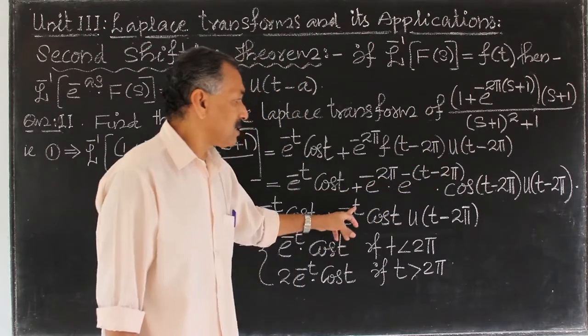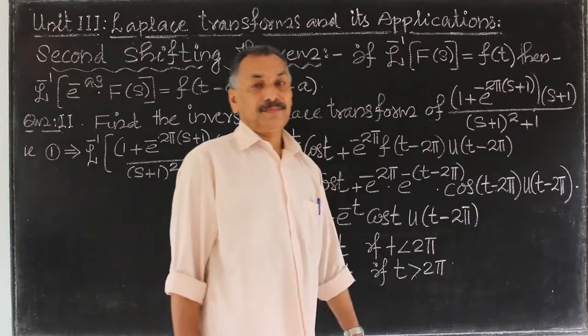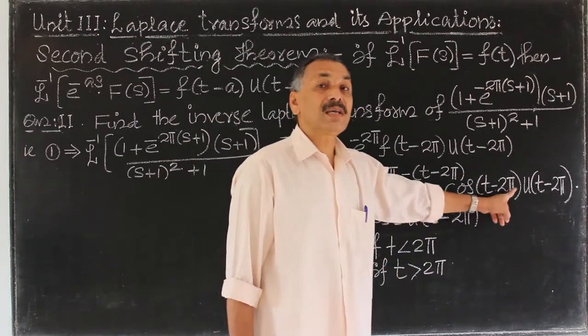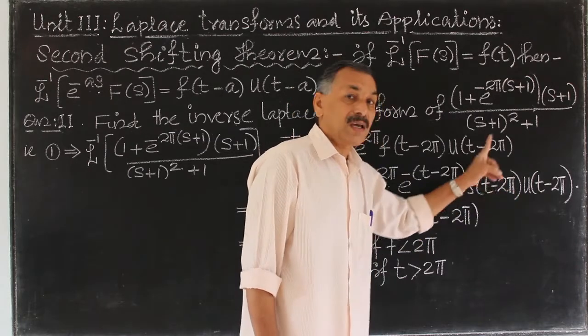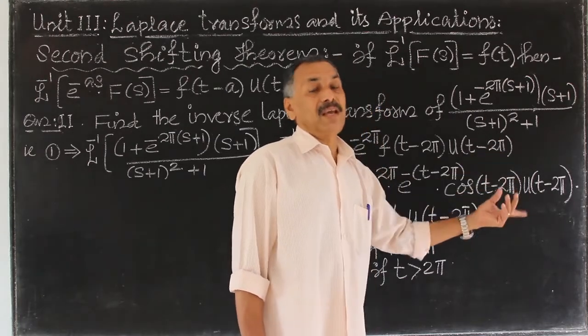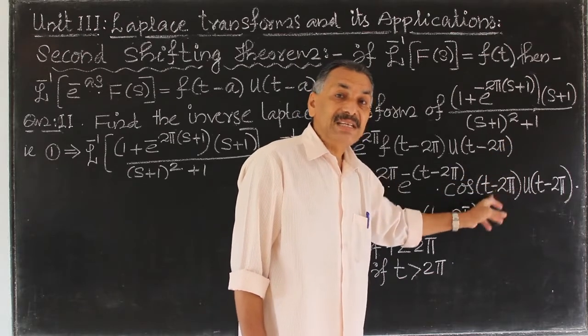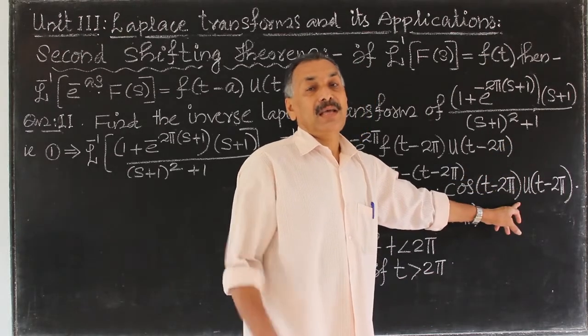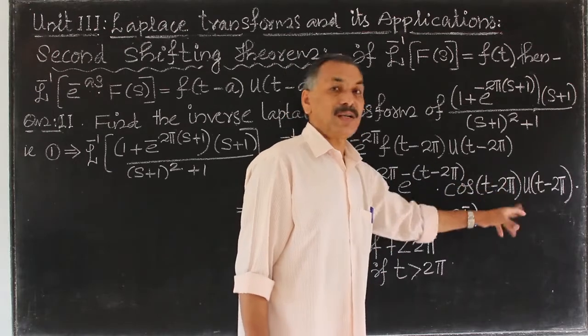Then e raised to minus t into cos of (t minus 2 pi). cos (a minus b) is equal to cos a cos b plus sin a sin b. That is cos t cos 2 pi plus sin t sin 2 pi. Sin 2 pi is equal to 0, cos 2 pi is equal to 1. That is cos t into 1 is equal to cos t.